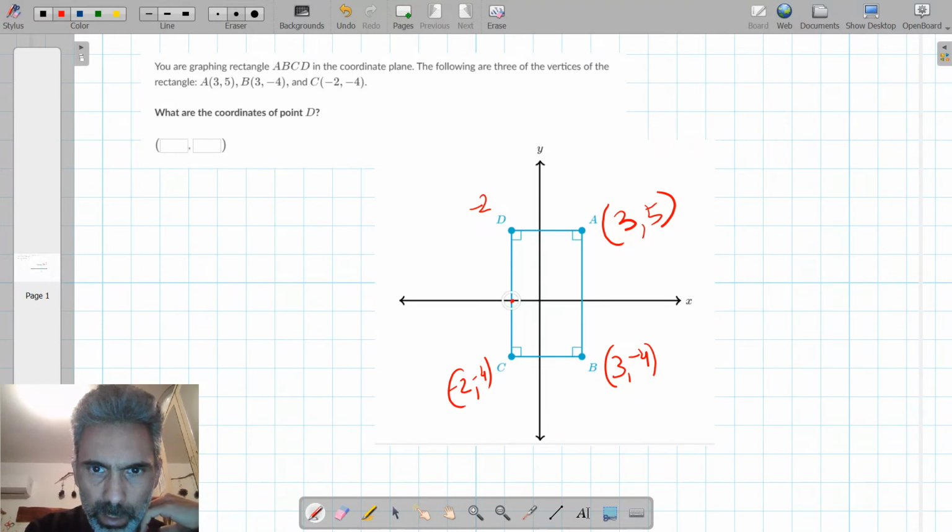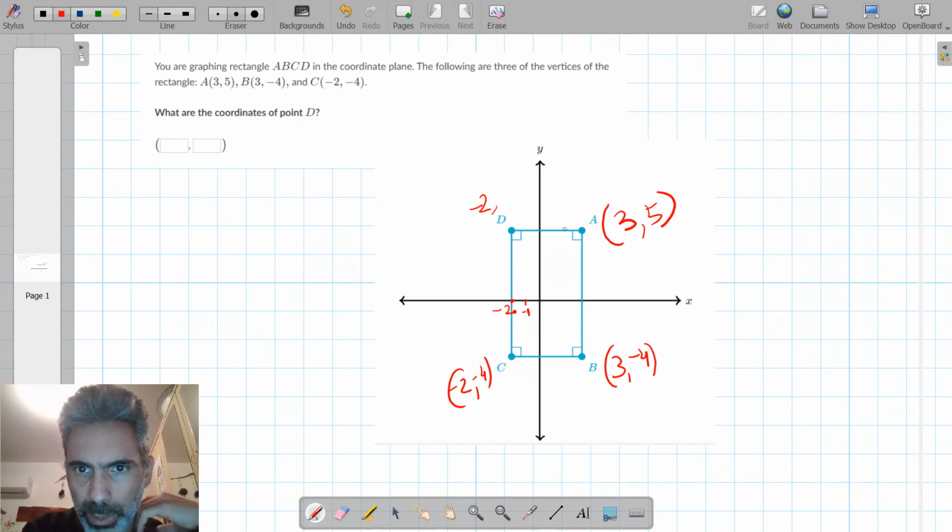So this is -1, this is -2 on the x-axis, and the C point has the same x coordinate as the D, because this is a vertical line. So the x coordinate of D is -2.